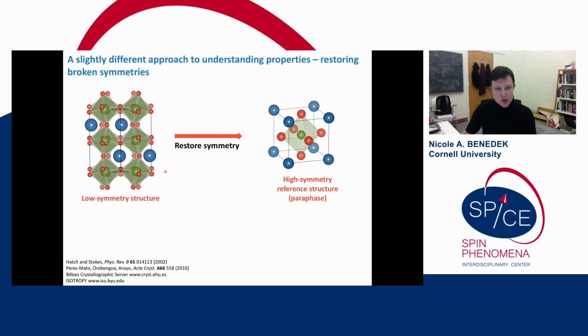And the low symmetry structure is in a subgroup of the space group of the high symmetry paraphase. Right? So the high symmetry paraphase might actually be in the phase diagram of your material. It might be some high temperature structure, or it could just be a virtual reference structure. For our purposes, it doesn't really matter.